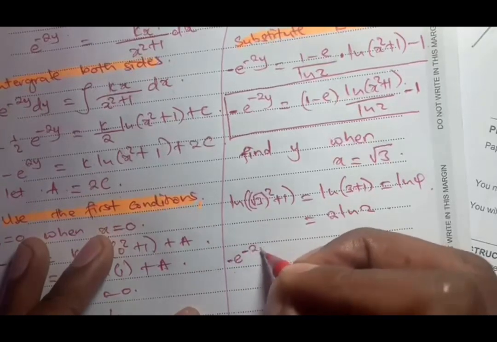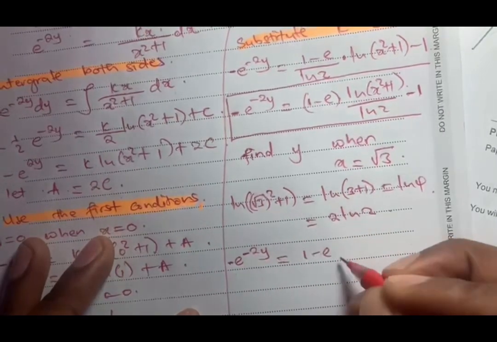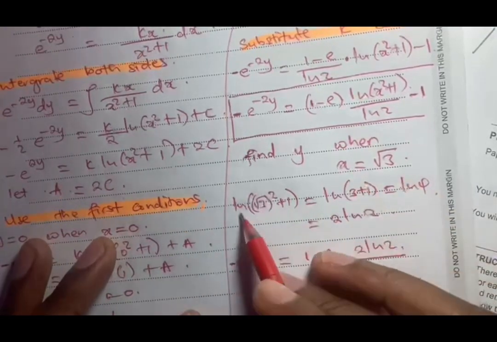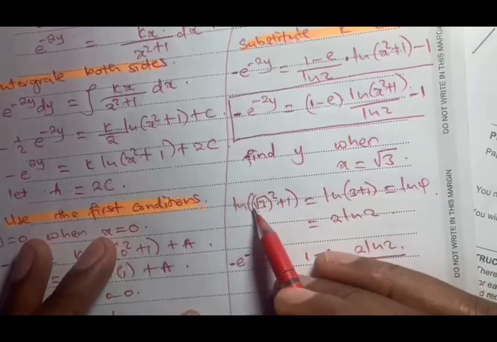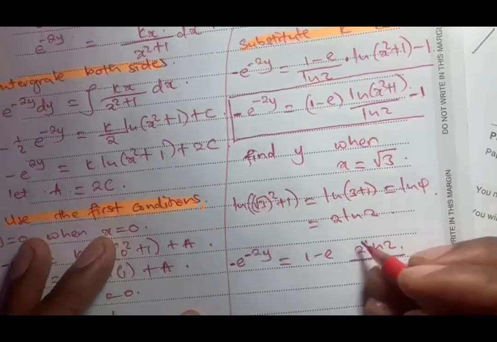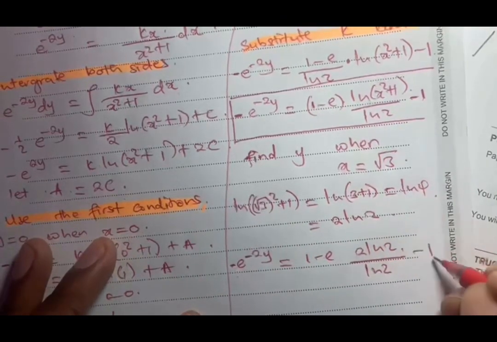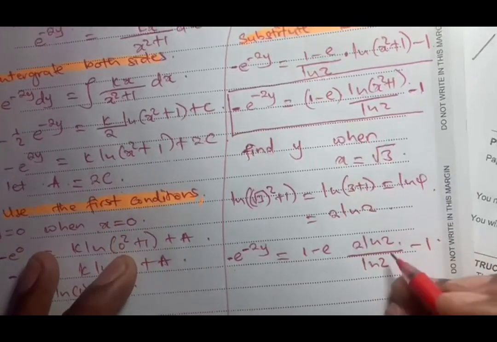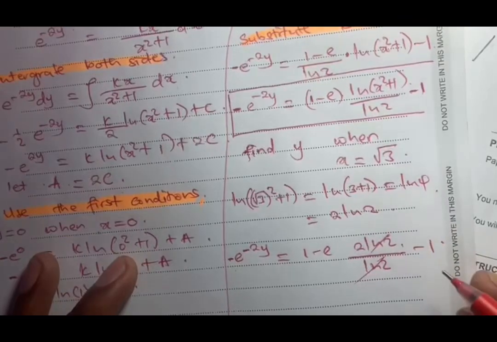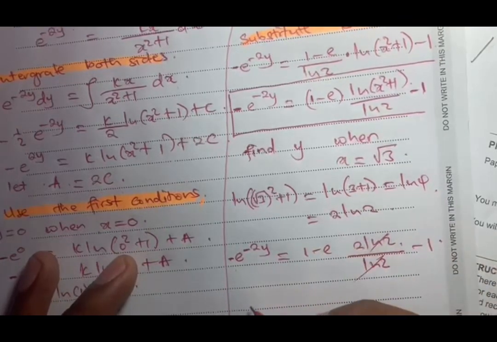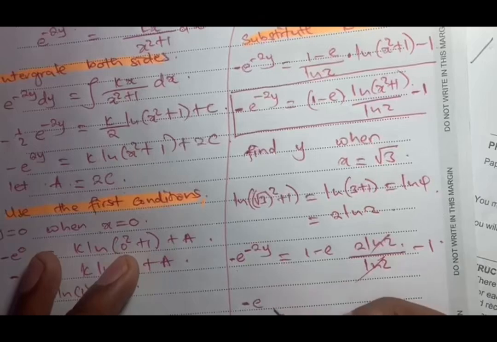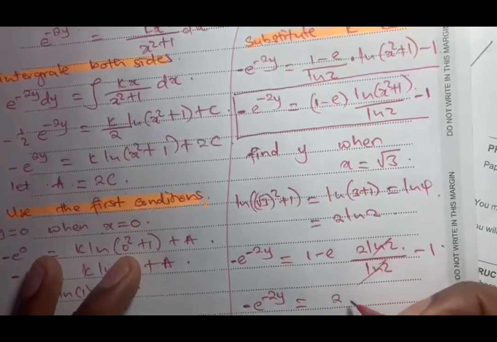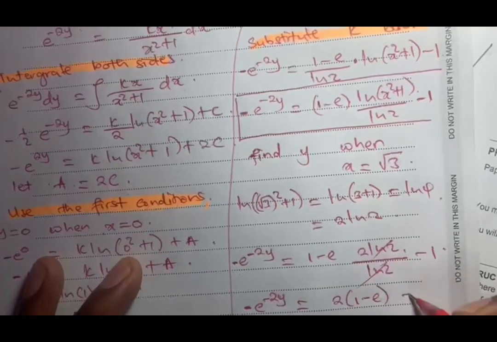Then to equate this side and what I get here, I'll get minus e of minus 2y is equivalent to 1 minus e, 2 ln 2 over ln t minus 1. To simplify it, I'll cancel out ln 2. Finally, I get minus e of minus 2y is equivalent to 1 minus e minus 1.